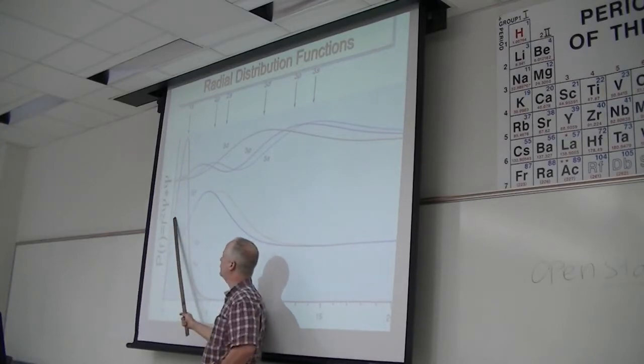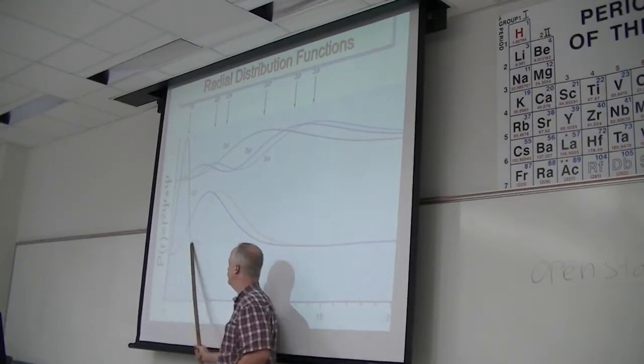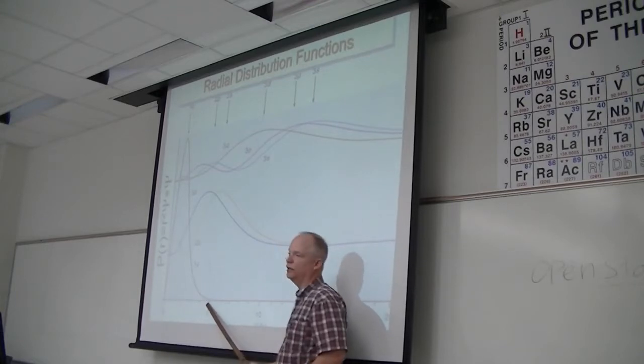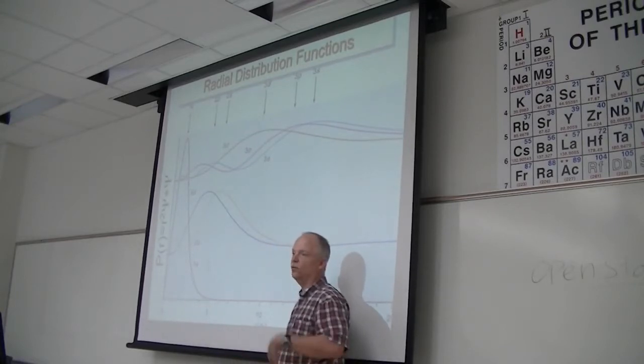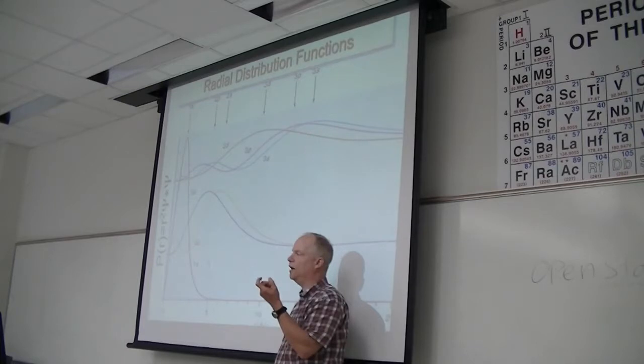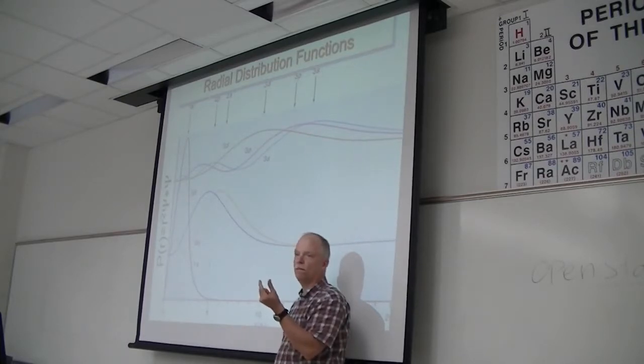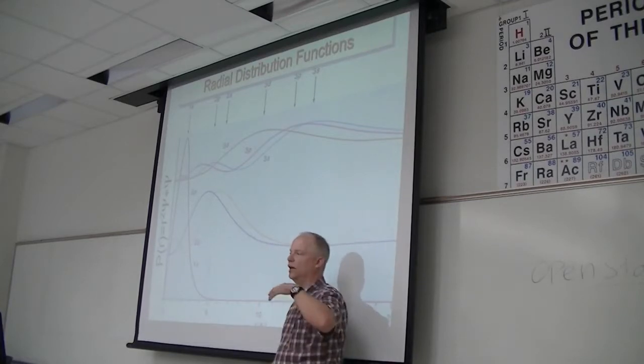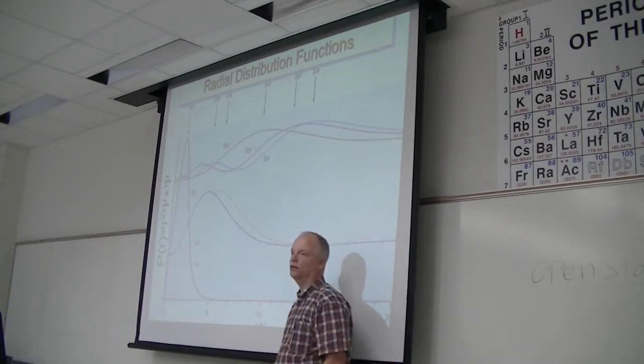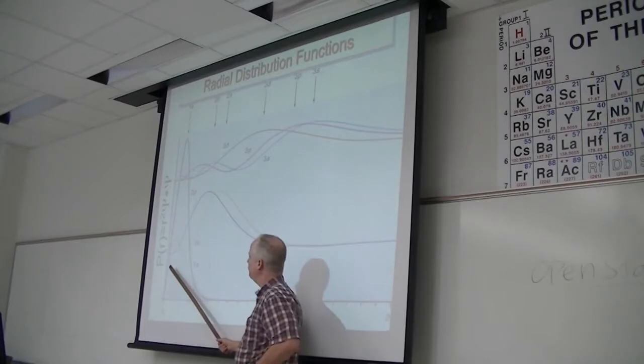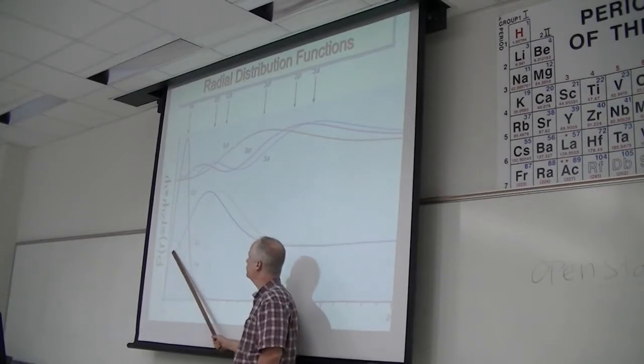It could be really close to the nucleus, or far away, almost 5 angstroms. That's quite a distance. For a hydrogen-hydrogen bond in an H2 molecule, it's about 0.9 angstroms, yet that electron cloud goes out quite a ways.